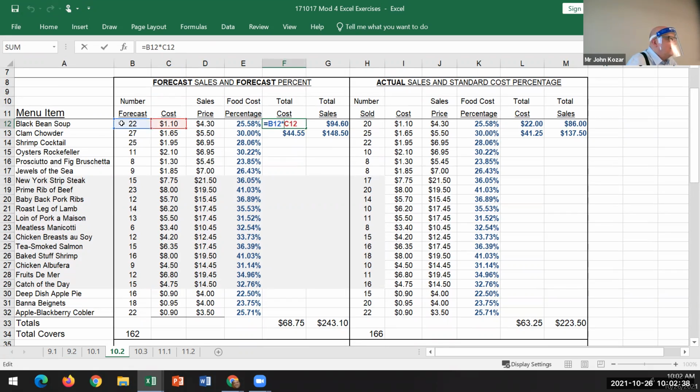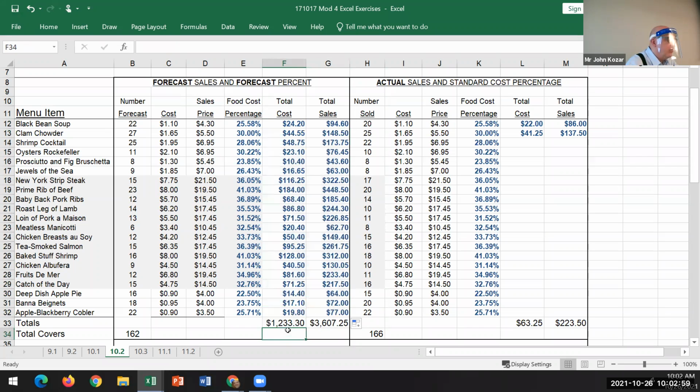It's the number forecast times the food cost. And then the total sales is going to be the sales price times the number forecast. So you're just going to do that the whole way down. And there's an automatic formula in here to total it up.